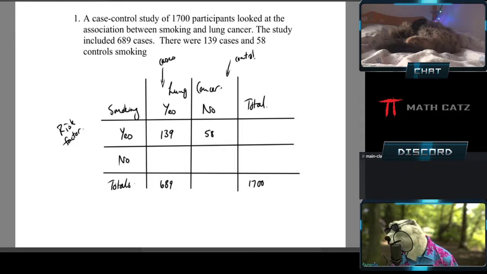First, we can finish the row of the smoking group. 139 plus 58. That's okay. And then we can focus here on the ones that have lung cancer but didn't smoke. That'll be 689 minus 139.